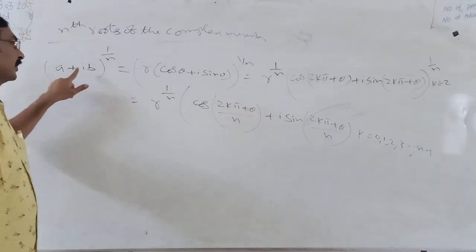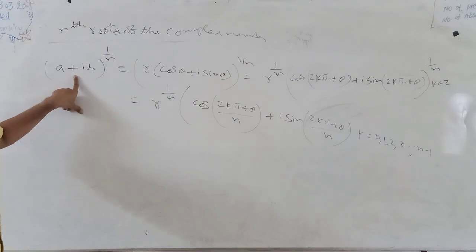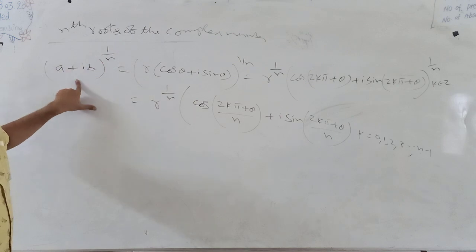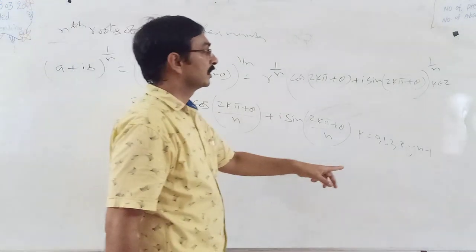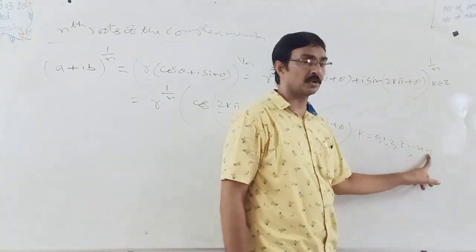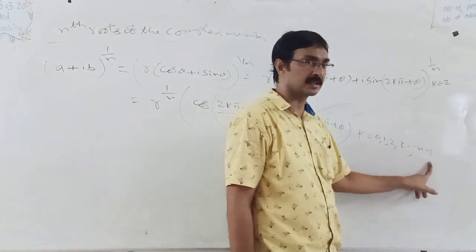The number of nth roots of any complex number is n. Of them some are real, some are imaginary, etc.